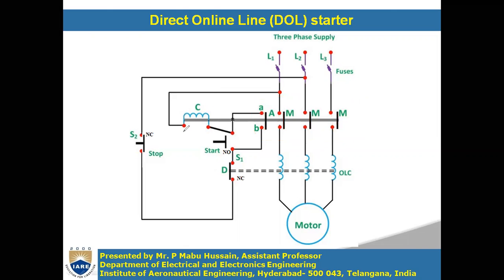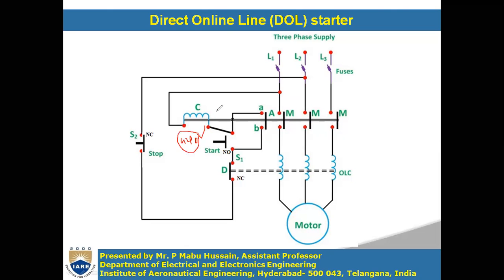You see here how you can give the supply to this coil. In this diagram, this is a 440 volts AC coil. Between these two terminals of the coil, you have to apply the 440 volts.